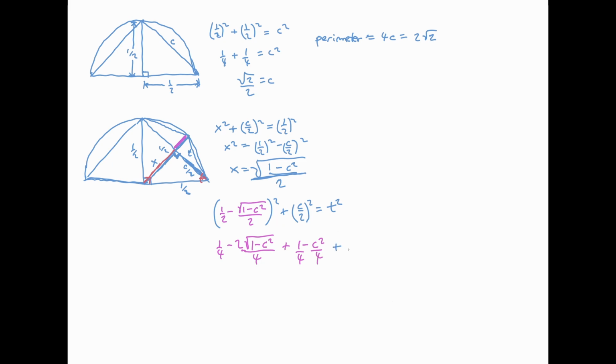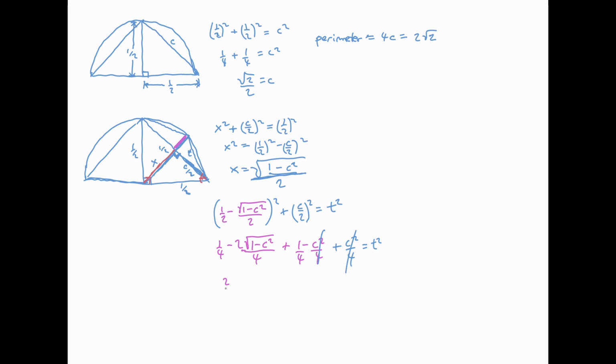So now we add the c squared over 4 from the other term. It's equal to t squared. And these cancel.